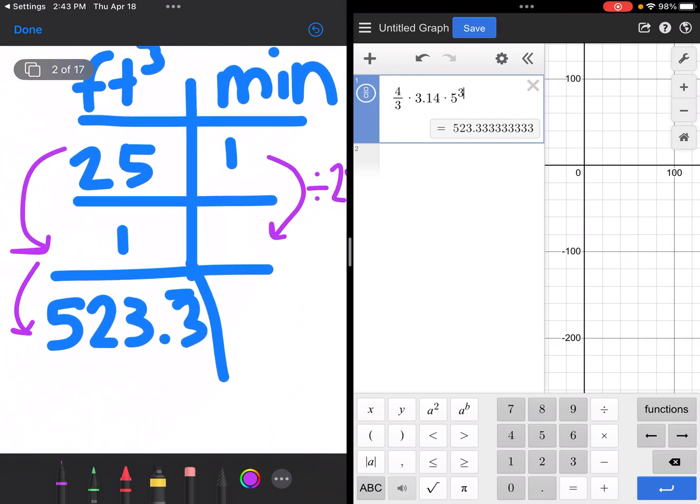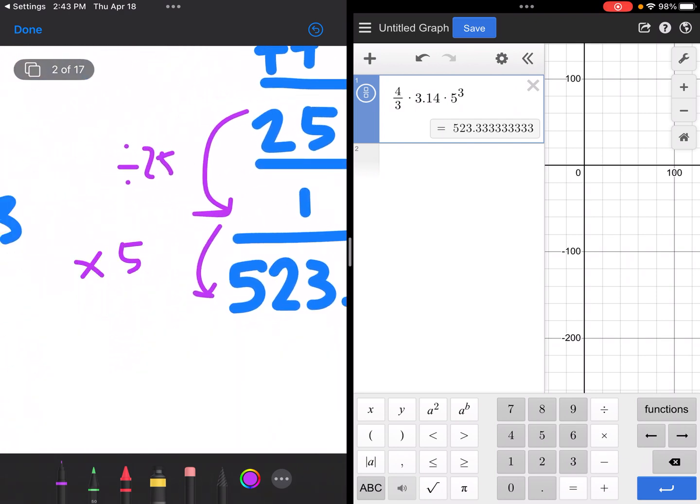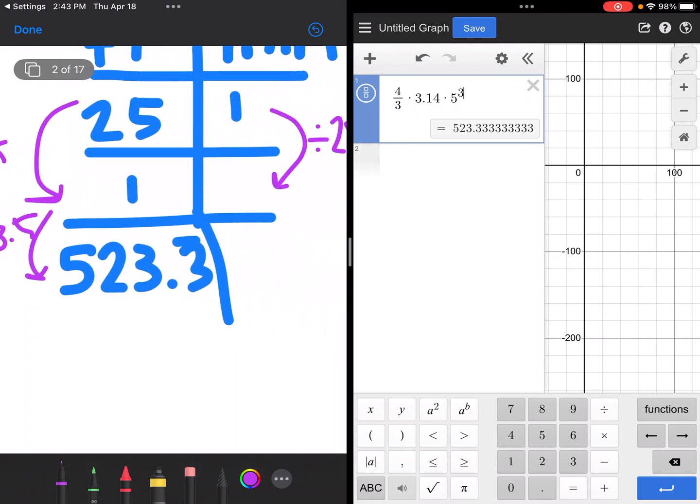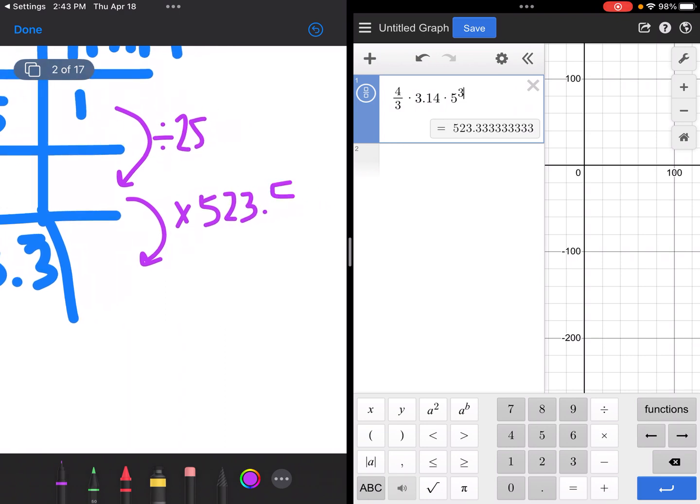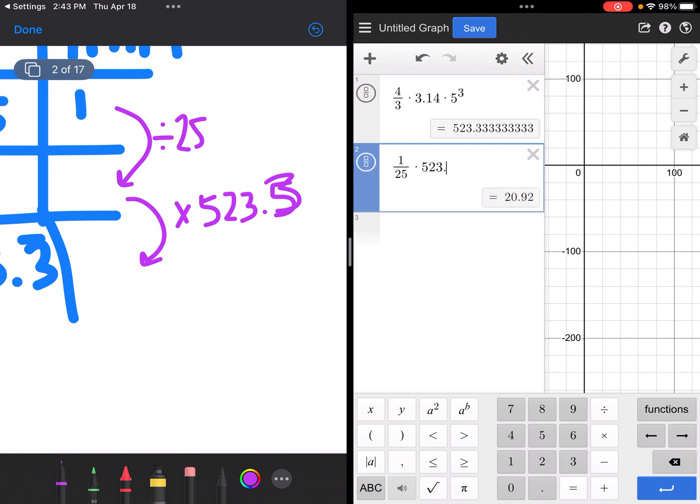And then I'm going to multiply by 523.3, not 0.5, 0.3. And I get 20.932. So the nearest minute would be 21 minutes.